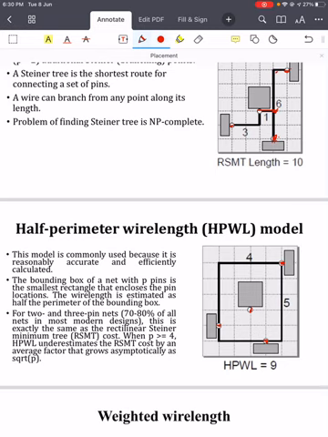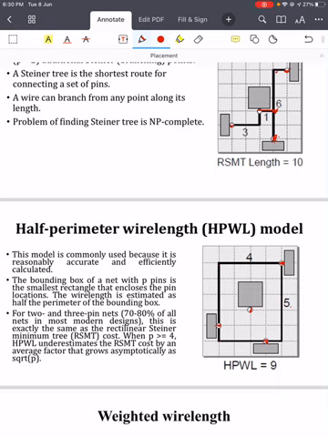Now for this case, you can understand the perimeter of this bounding box. The bounding box is nothing but the smallest rectangle that encloses the pin locations. Now you can find the Manhattan distance and calculate the perimeter, and your estimated wire length will be half of the perimeter of this bounding box.